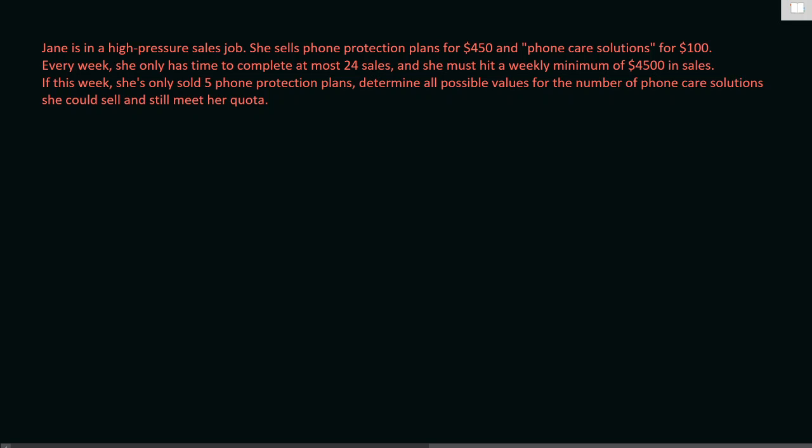Okay, so let's go through. There's a bunch of information here. Let's start with our variables. Let's do protection plans. Let's do P. So P is number of protection plans. I think that's like an extended warranty.